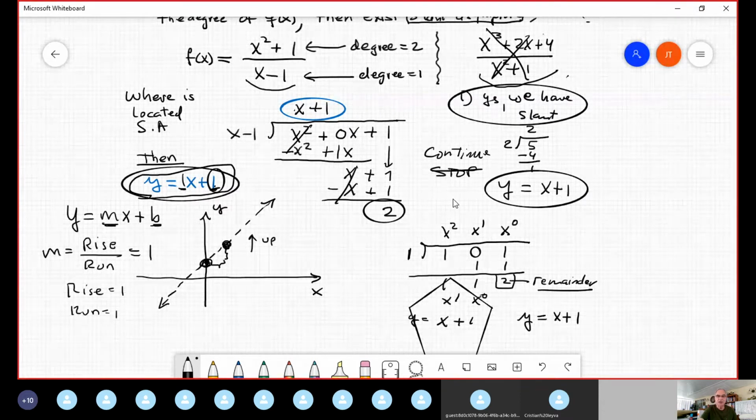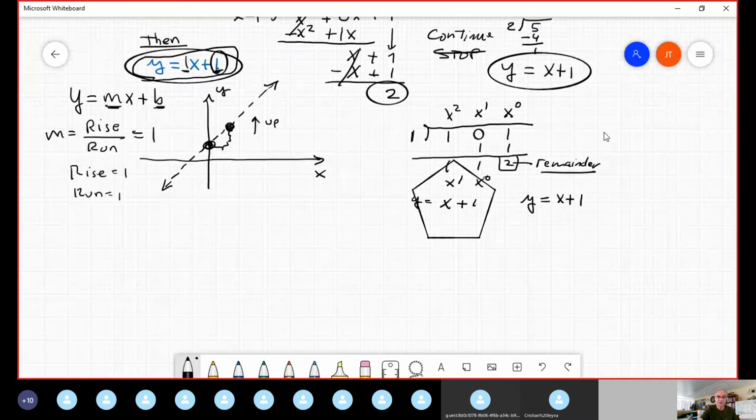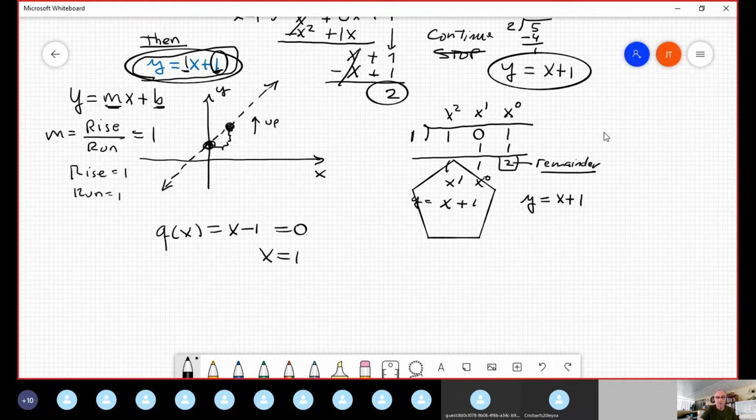Now we have another kind of asymptote. Of course we have a vertical one, because you take the polynomial in the denominator, q equal x minus 1, and you put it equal to 0. Because at x equal 1, we have one vertical asymptote.